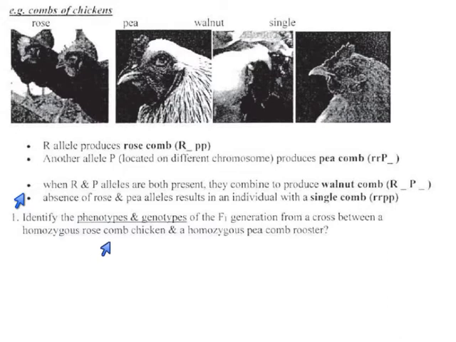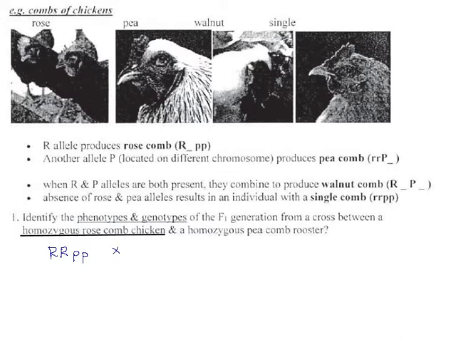If you identify the phenotypes and genotypes of the F1 generation from a cross between, this is the good part, the parents, a homozygous rose comb and a homozygous pea comb. So they say rose comb is big R something and then little p. And here they say it's homozygous. So that would make this parent big R, big R, little p, little p.